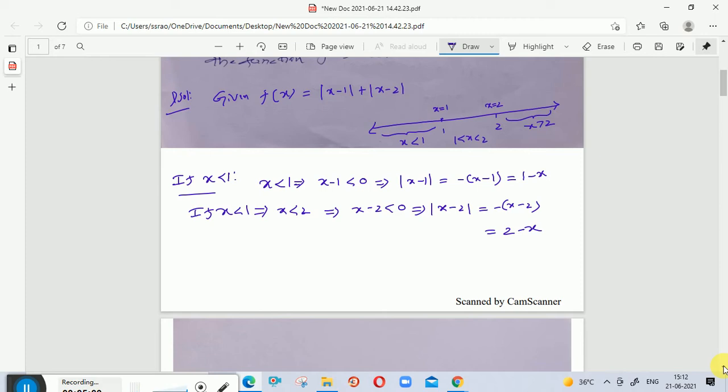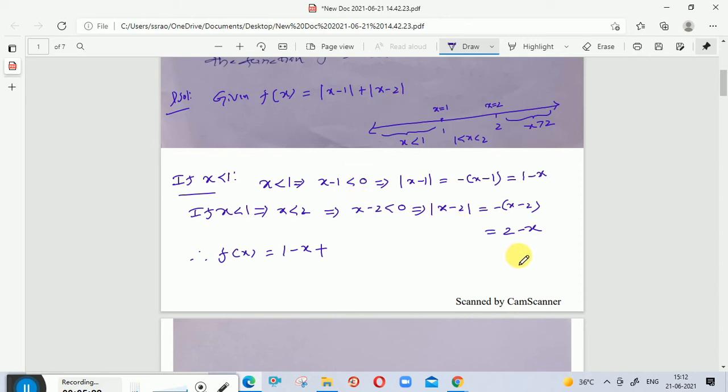Therefore f of x is equal to mod x minus 1 plus mod x minus 2. So mod x minus 1 is equal to 1 minus x, so we can write 1 minus x plus mod x minus 2.